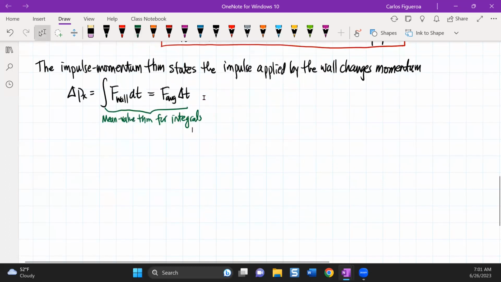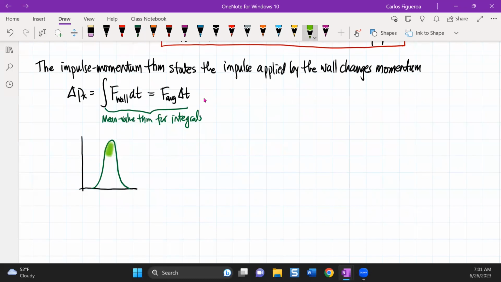So what does this really mean? Well, if I look at the impulse with the integral, it really says this. We like to say that the impulse is symmetric.